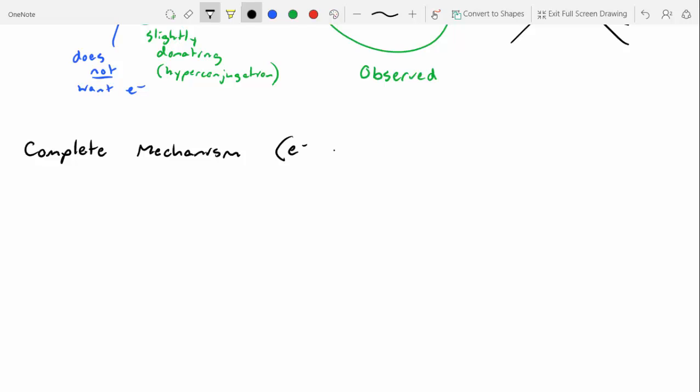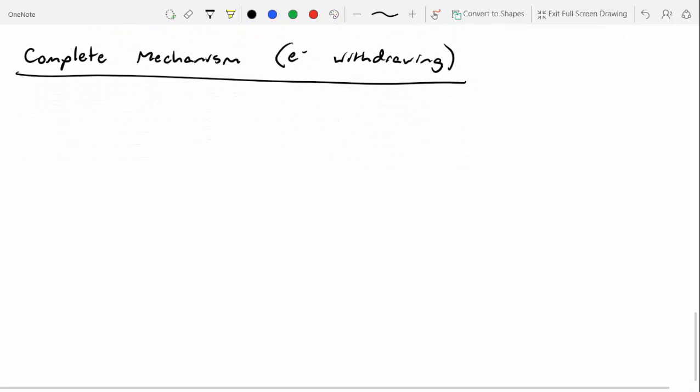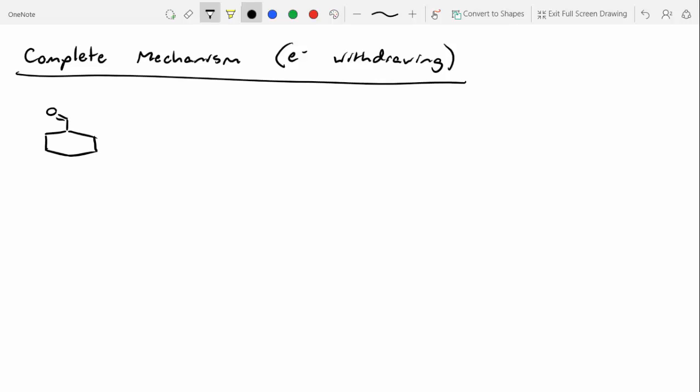And I'm going to do electron withdrawing. These tend to be pretty common. And what I'm going to do is I want to do that acetophenone one again.